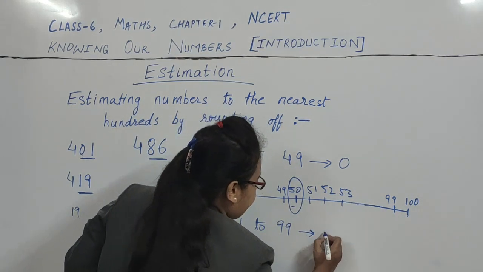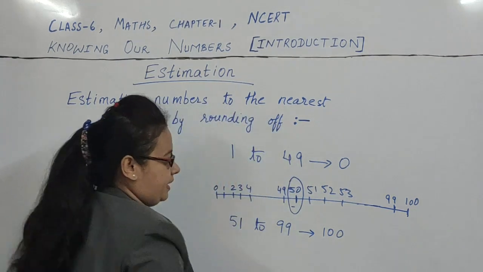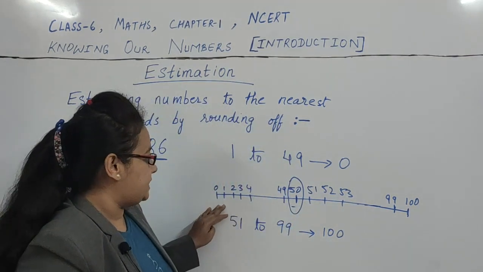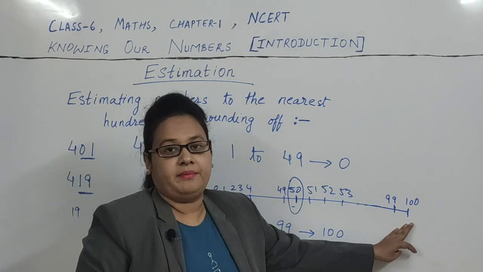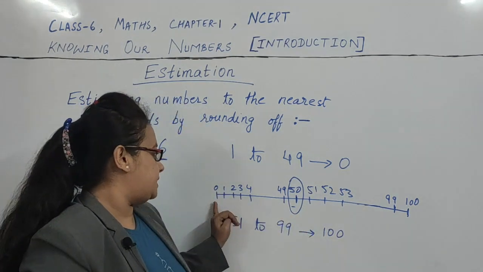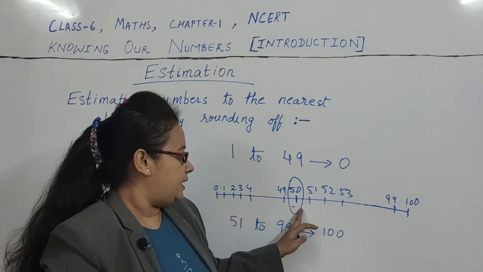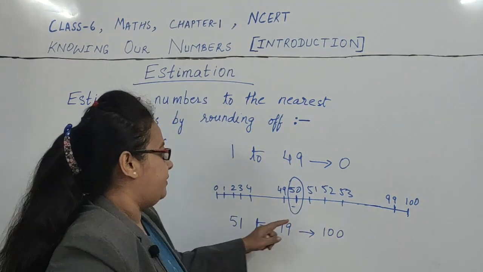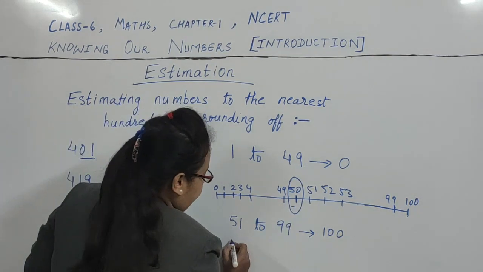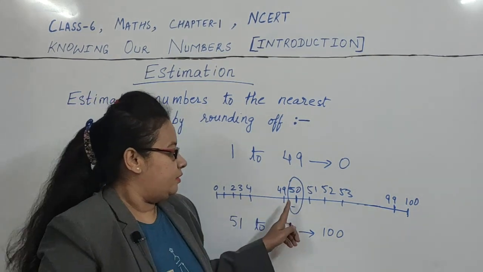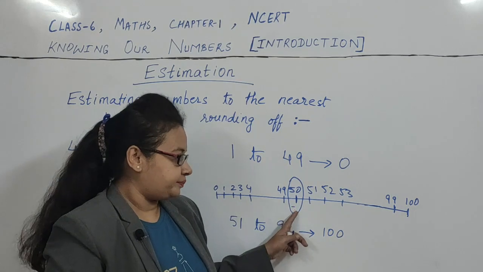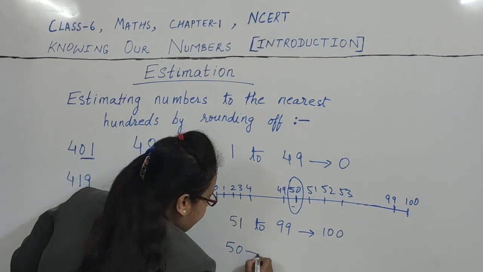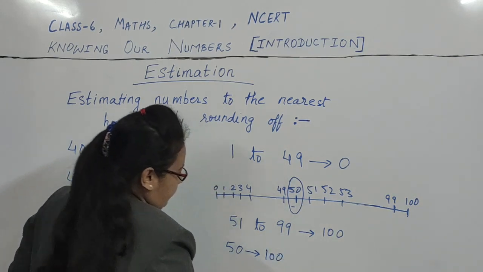So these numbers will be rounded off to 100. Okay, but what about 50? 50 is at equal distance from 0 and 100 because it is the middle number. So by common practice, we round off the middle number to the greater one. So 50 will also be rounded off to 100.